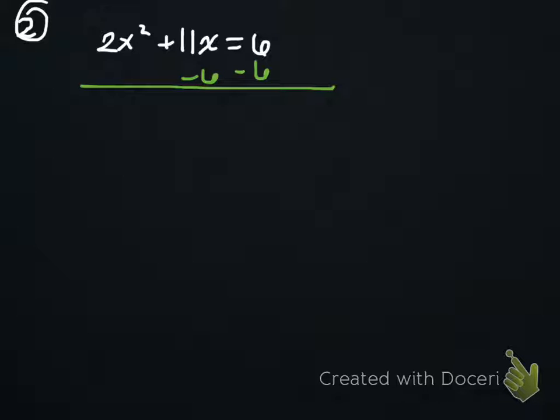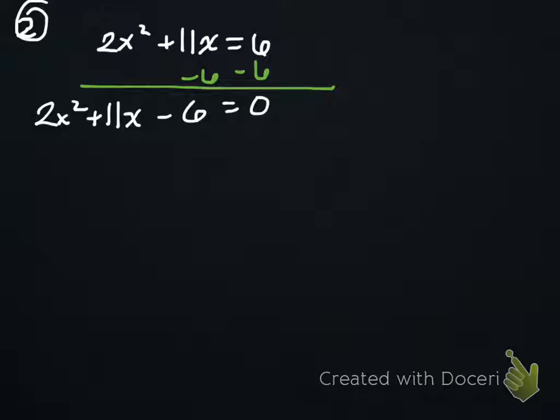Can the 6 combine with any of the terms that are already there? So that means I'm going to have 2x squared plus 11x minus 6. I know it can't combine because a 6 doesn't have a variable and the other two do.